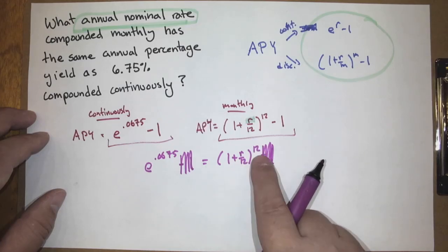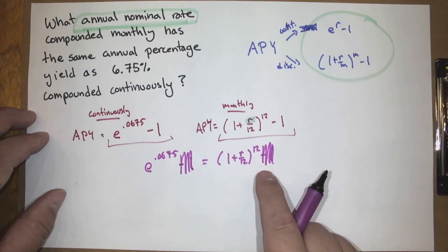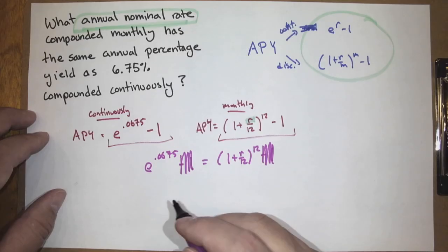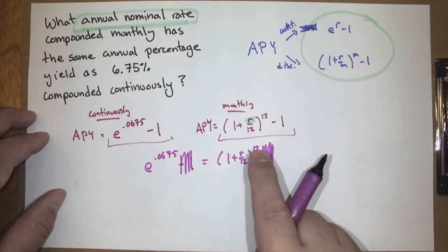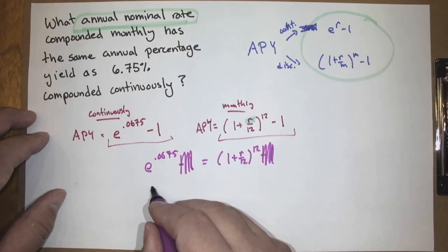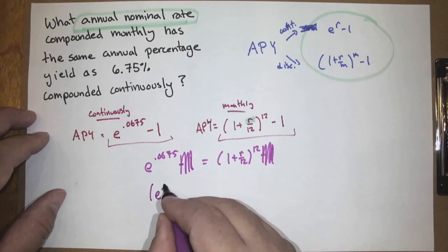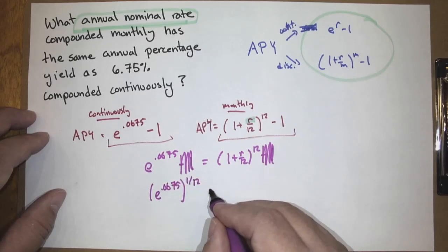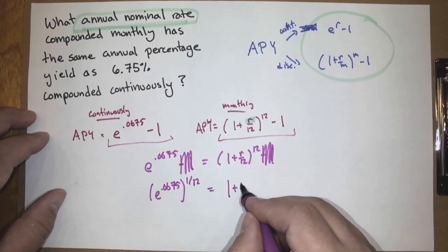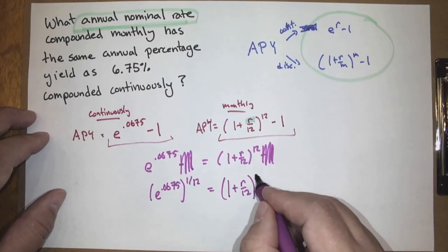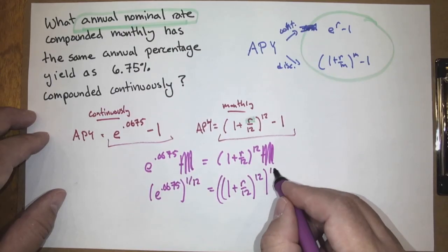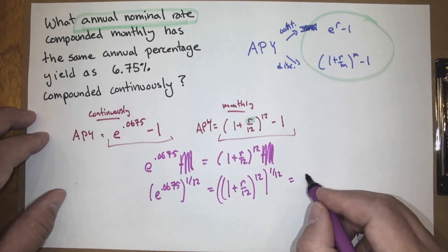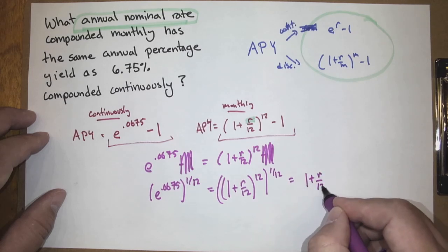So we don't need natural log, but what would we use? Yeah, we'd take a root to get rid of the 12th power. So e to the 0.0675, to the 1/12, is equal to 1 plus r over 12 to the 12, to the 1/12. But the point here is that this becomes 1 plus r over 12.